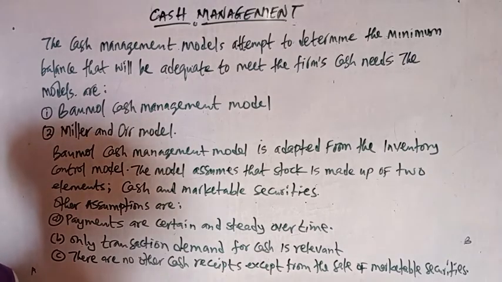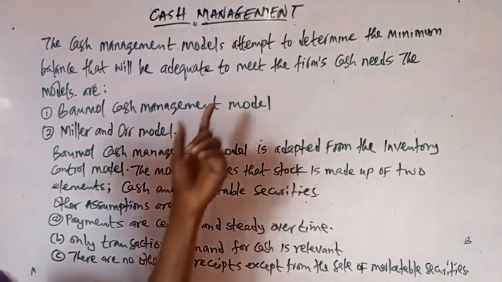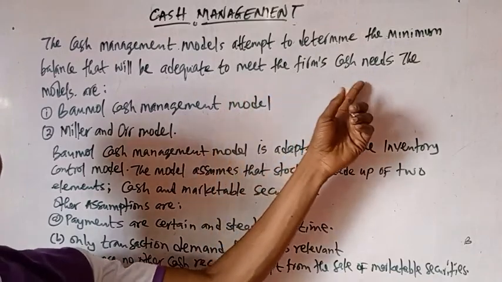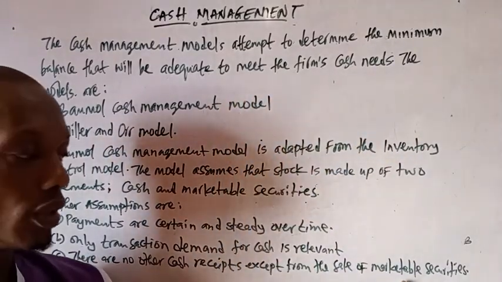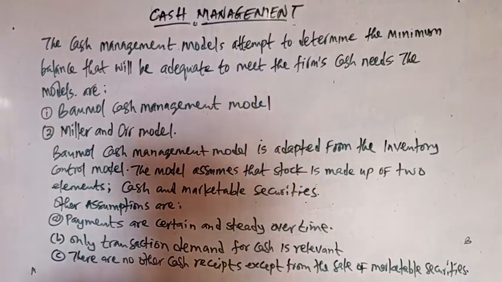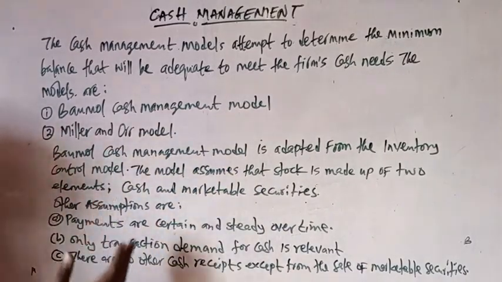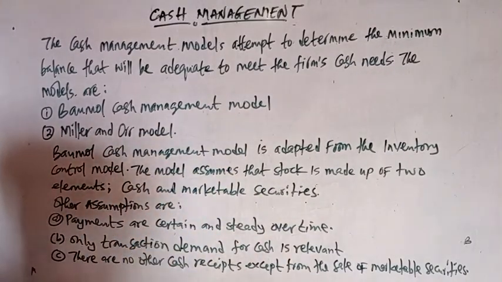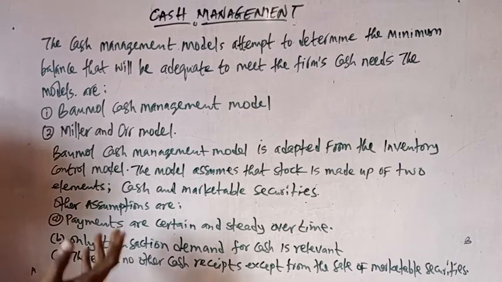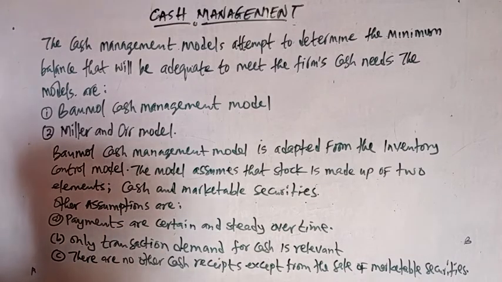That is to say, you cannot get cash to meet the needs of the organization except by selling marketable security. From there, we can see some deficiencies of this model. But even with that, it still goes a long way in determining the optimal cash level.